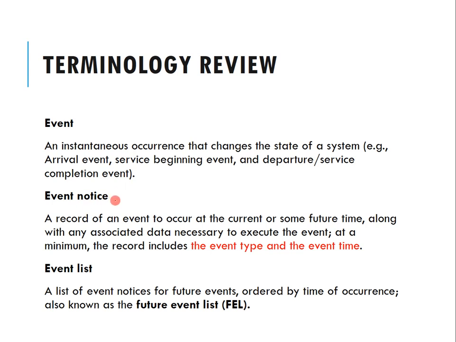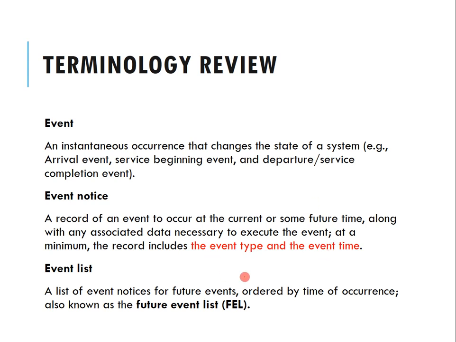Okay, event notice. This is a record of an event at current or future time lah. So this is necessary to execute the event. Event notice ni will have any associated data to execute the event. At least it will have the event type and the event time.